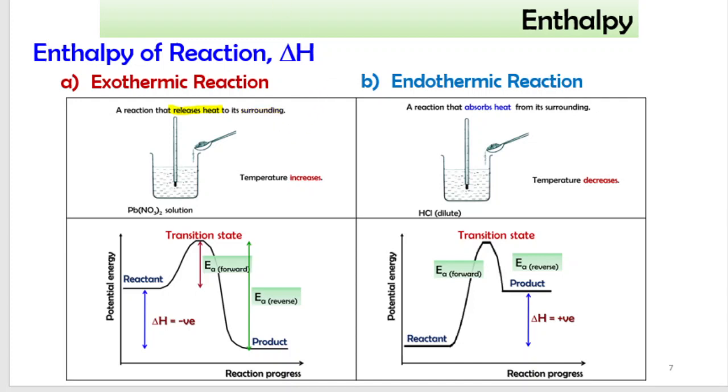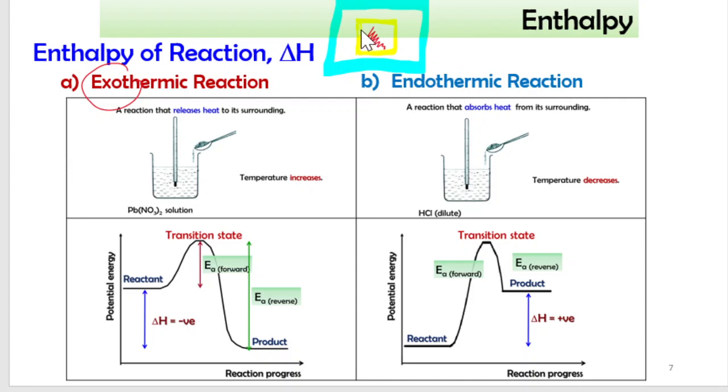So apa tu surrounding, apa tu system? Okay, so have a look here. So imagine this yellow box ini adalah your system, and then this blue color is your surrounding. So let's say if your reaction happen in here, and it is exothermic reaction.